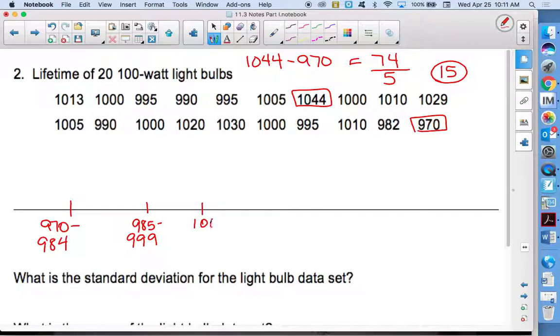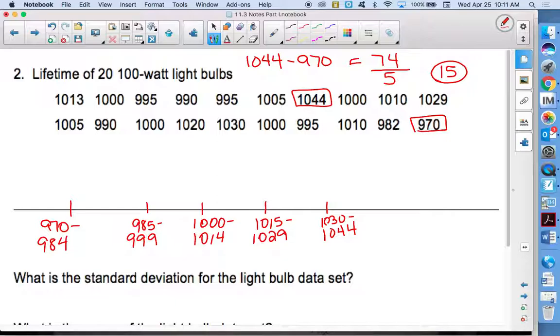So the next one would be 1,000 up to what is it? 1,014. Then 1,015 to? 1,029. And then 1,030 to 1,044.